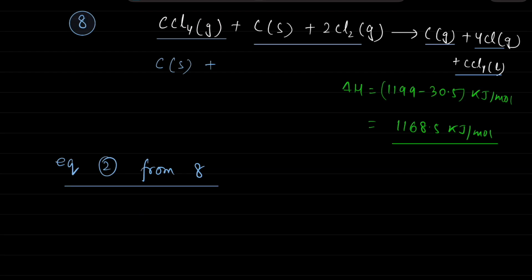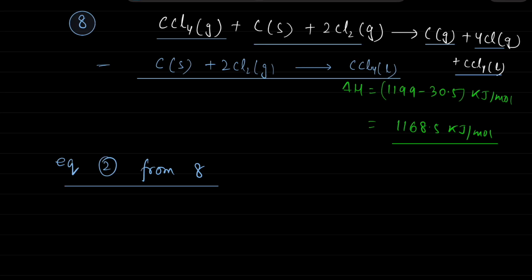Carbon in the solid state plus 2Cl2 gaseous state, and on this side we have CCl4 in the liquid state, so we need to subtract this. The carbon will be cancelled, chlorine will be cancelled, and CCl4 liquid will be cancelled. So what remains is CCl4 in the gaseous state forming carbon in the gaseous state plus 4Cl in the gaseous state.